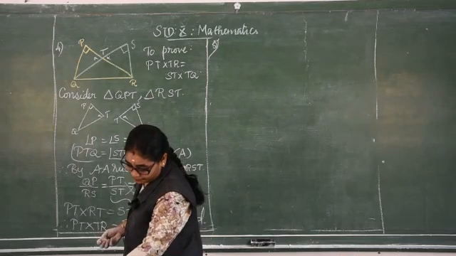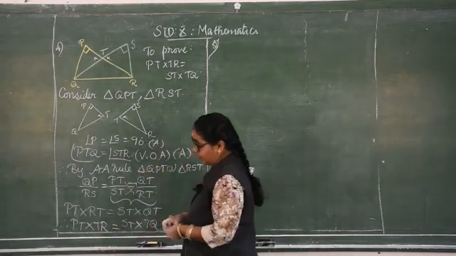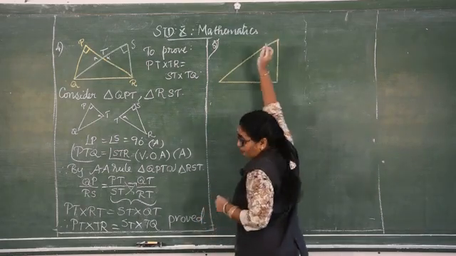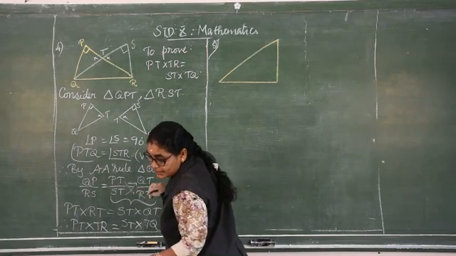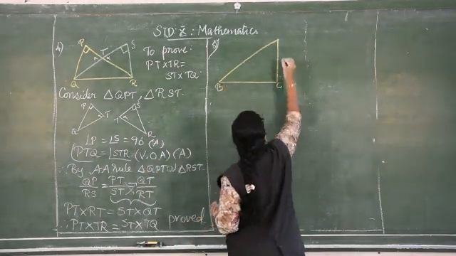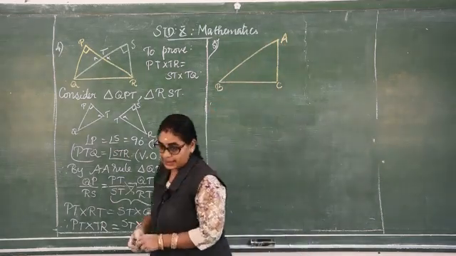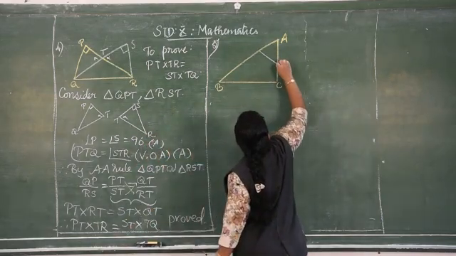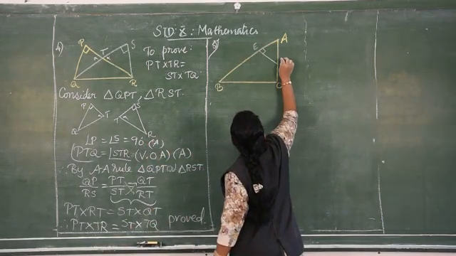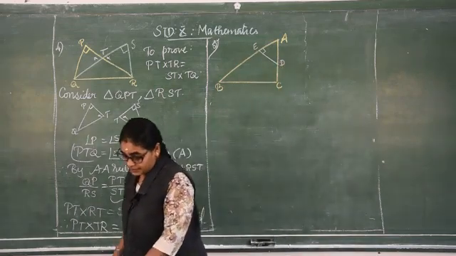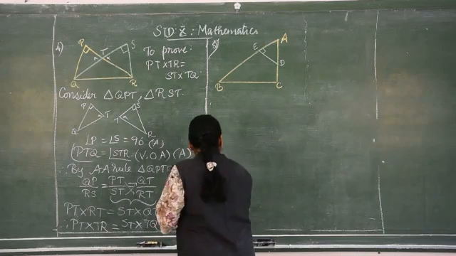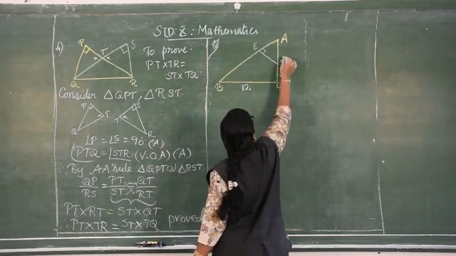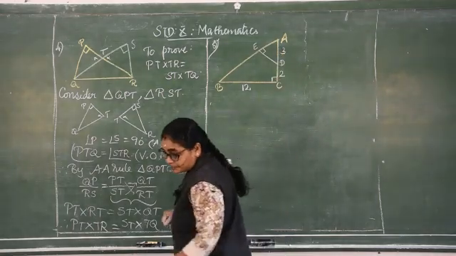One right angled triangle ABC, and this one is ED. This is a right angle. Some values they have given: this is 12, 2 and 3. This is 2 and this is 3. This is 90 degrees they have given.